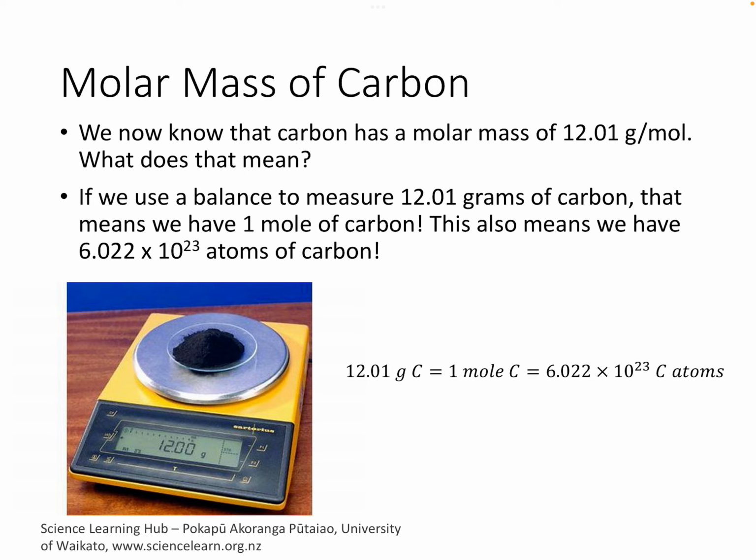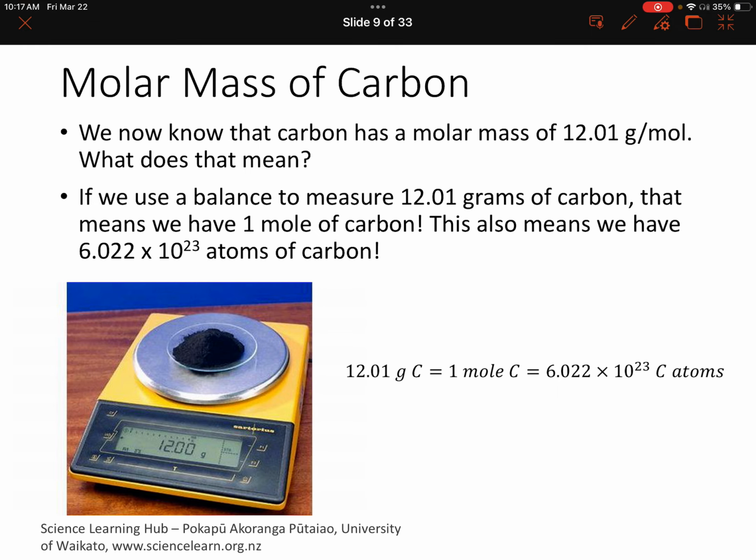So if we weigh exactly 12.01 grams of carbon, and you can actually see that in the picture on the left, that is equal to 1 mole of carbon, and 1 mole of carbon is equal to Avogadro's number of carbon atoms. So it's all connected.